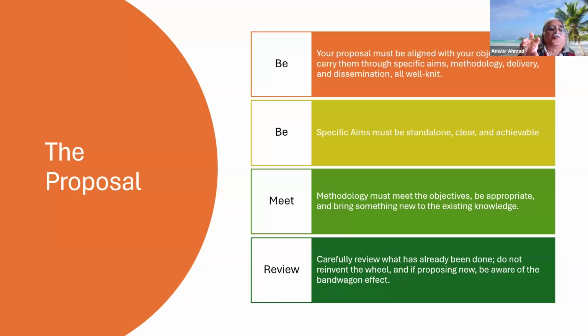Try to stay within 2 to 3 specific aims, which are standalone, which are achievable, and which link back not only to your objective, but the funding agency's objectives. Then the methodology must meet the objectives. If you are looking into quantitative, especially from my perspective, those modeling approaches, there are several available.